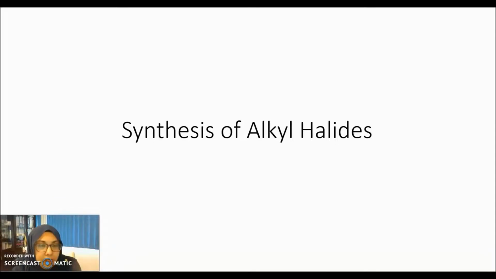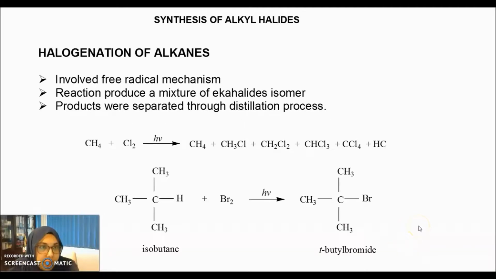So there are various ways to synthesize alkyl halide. The first one is what we call halogenation of alkane, something that you have learned in the topic of reactions of alkane, whereby it involves a free radical mechanism, where the reaction produces a mixture of halide isomers, and the products are separated. An example given here is the reaction of methane with chlorine.